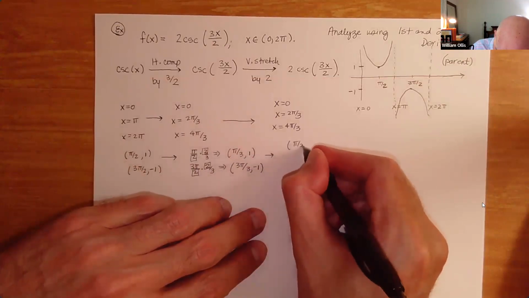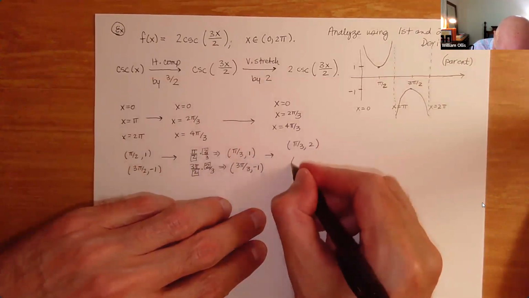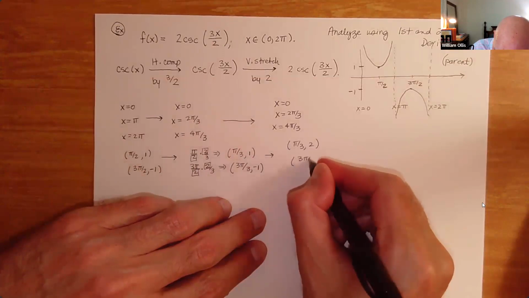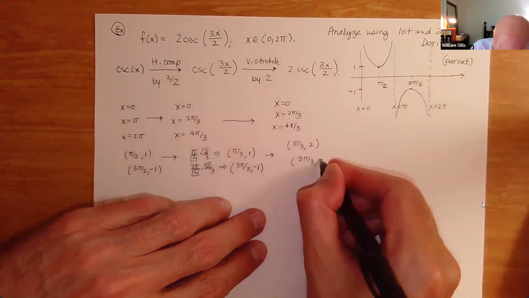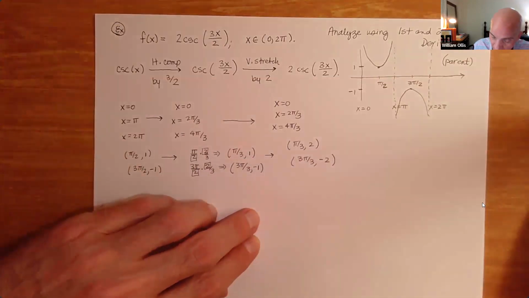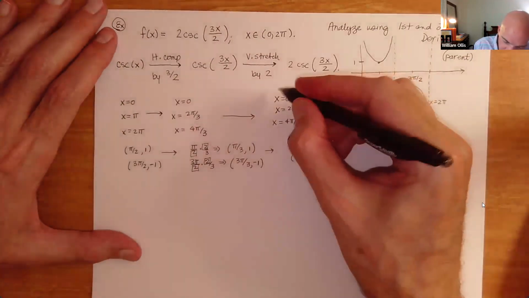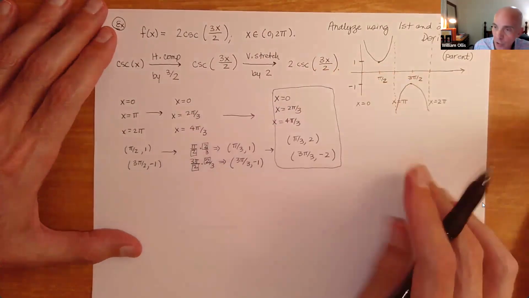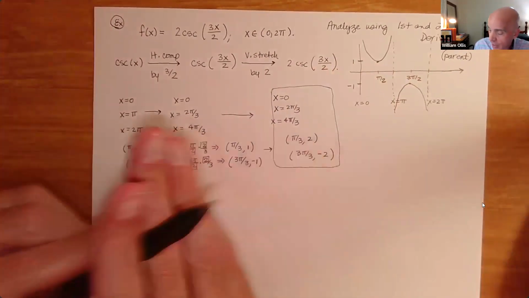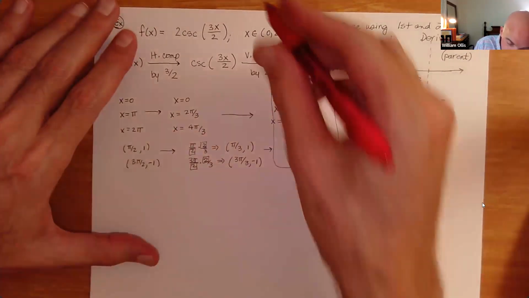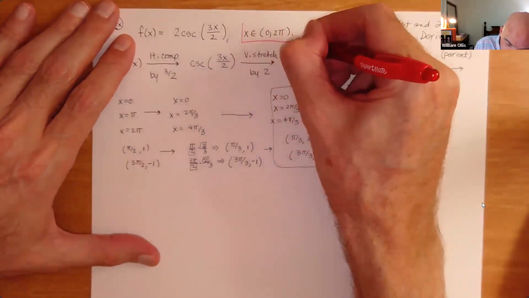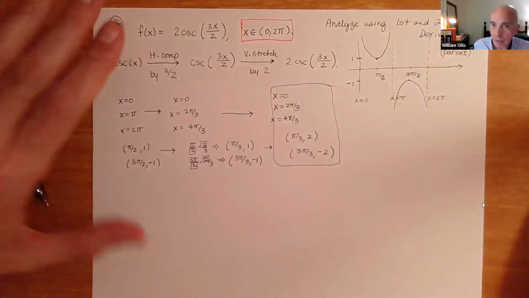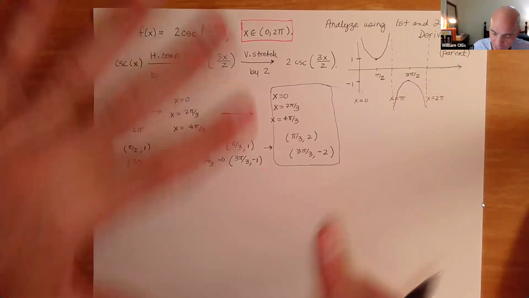Pi over 3, 2. And we get 3 pi over 3, -2. Okay, so this would characterize the new graph. But remember, in this analysis, we have this interval here. Okay, so we always have to remember that.